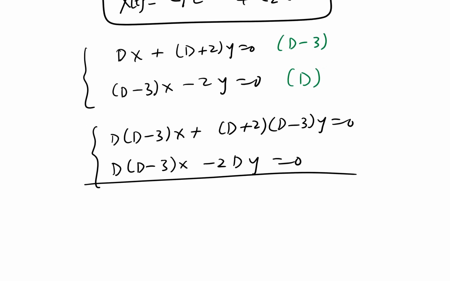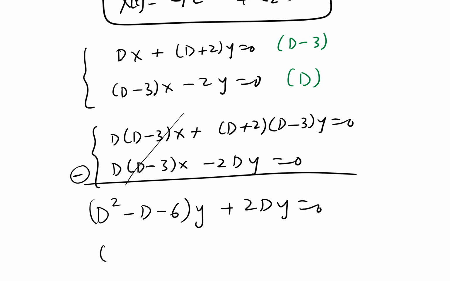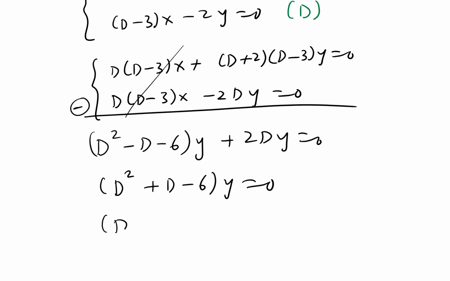What do we get when we subtract? The x's will cancel. From the top one I get (D squared minus D minus 6)y, and from the bottom one, 2Dy equals 0. That gives us (D squared plus D minus 6)y equals 0, which is the same as the previous one for x, (D plus 3)(D minus 2).